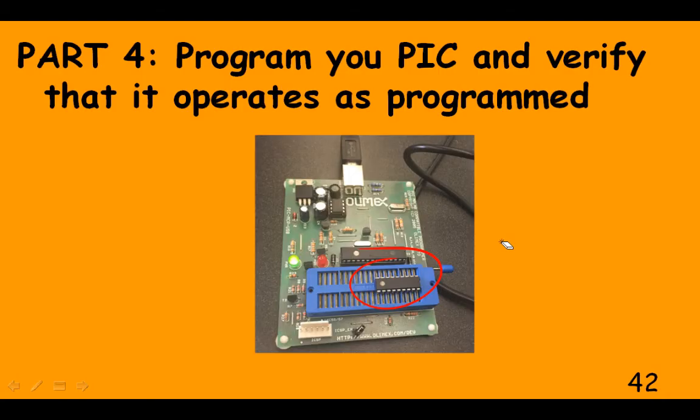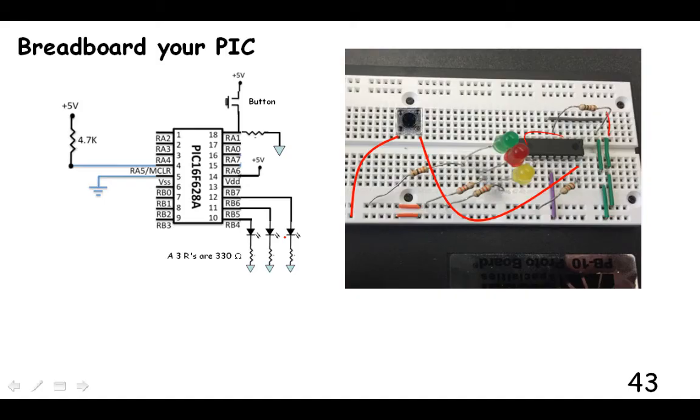Okay, and now we're on part 4, where we're going to program or burn the program into the chip that we've just marched our way through, and we're going to verify that it operates as programmed. So first you'll need to breadboard your PIC, and the difference from last week is that we've got a button now on RA1 to provide input.